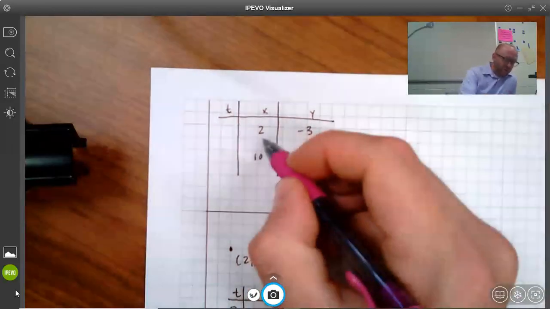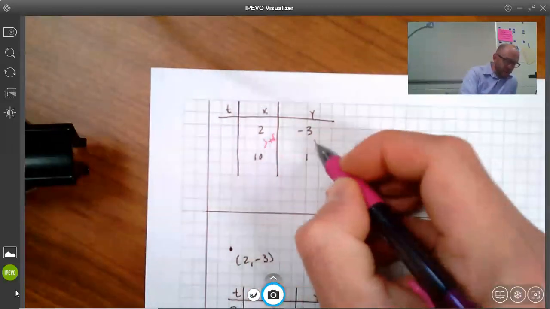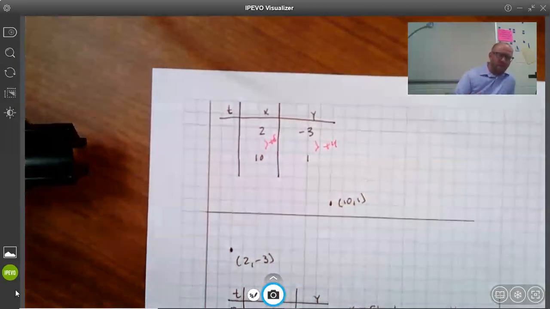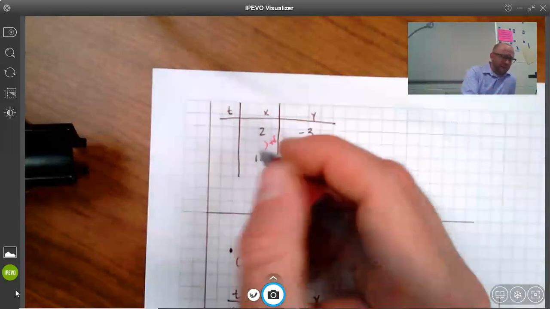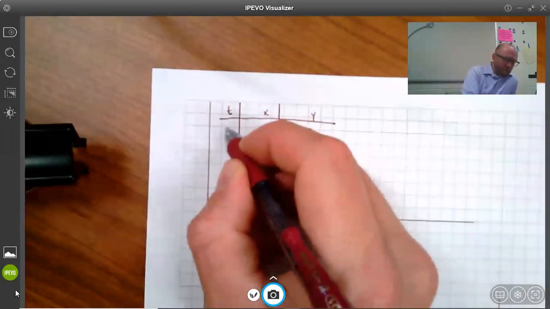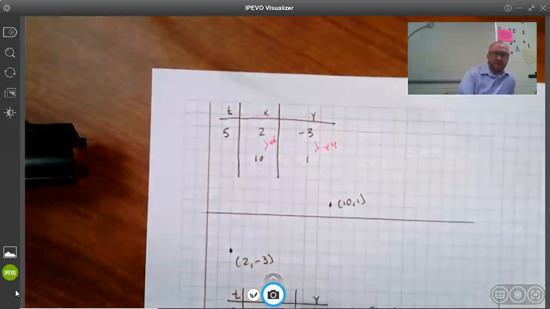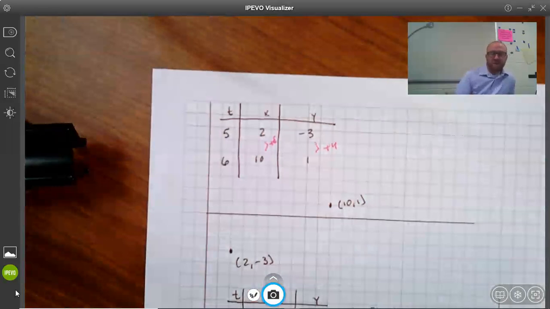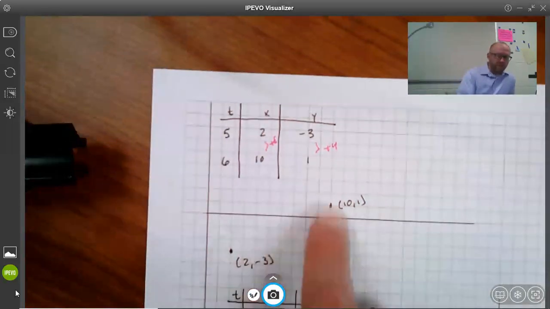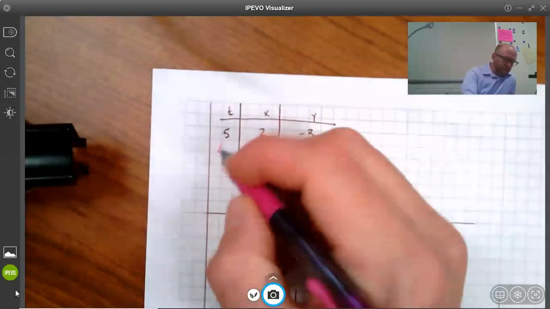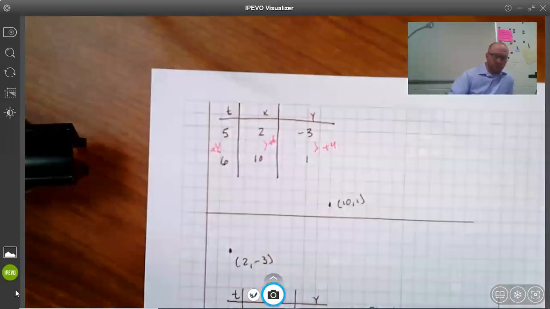Now our change in x is still +8, and our change in y is still +4. Let's pick different t values. Let's say the particle reaches this point at time equal to, I don't know, 5. And then let's say it reaches this at 6. So we're here after 5 seconds and here after 6 seconds. So our change in t is still +1.